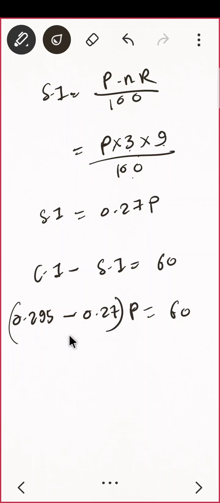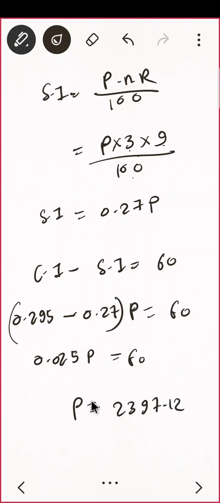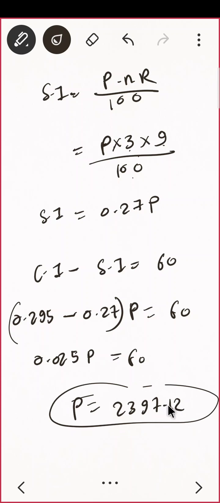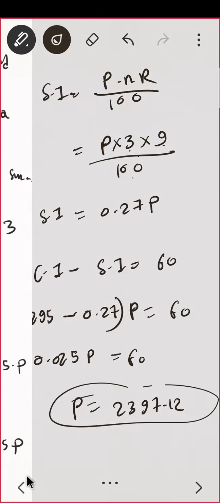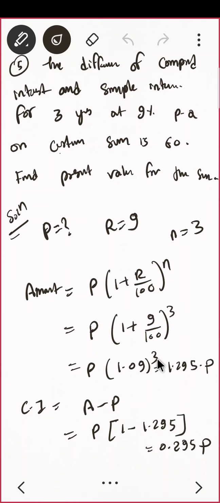So it will be 0.025 P, and that will be 60. So just divide and you will get P. So P will be approximately, I think, 2397.12. It's an approximate calculation because here I took an approximate value. 1.09 cubed, if we take more digits, the value will increase a bit. So that is okay, there is no issue in that.